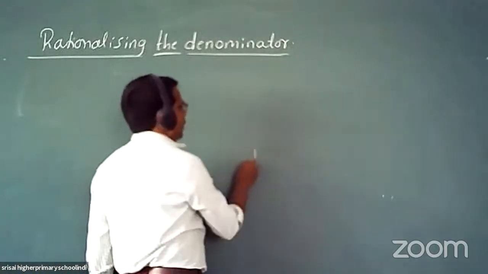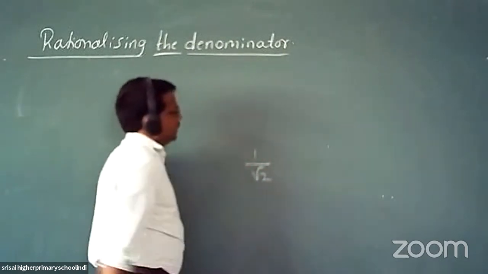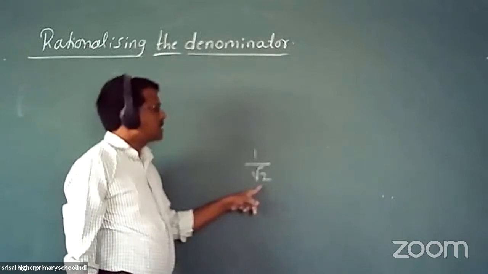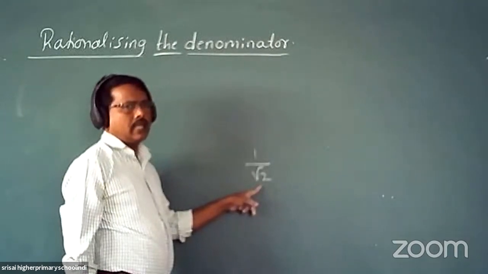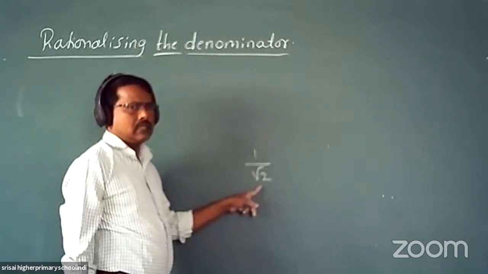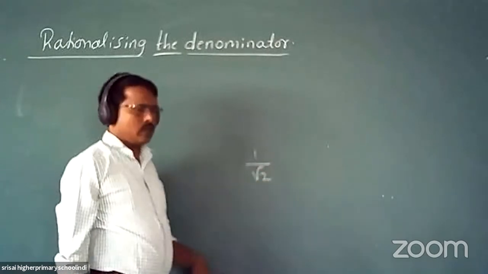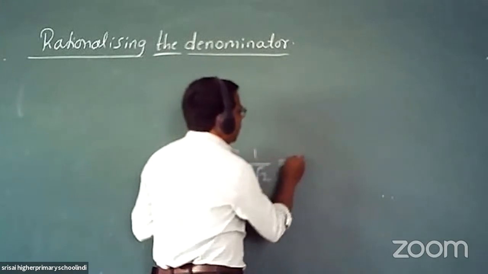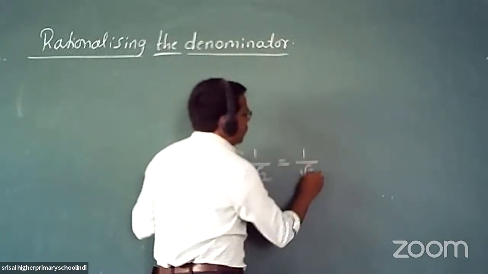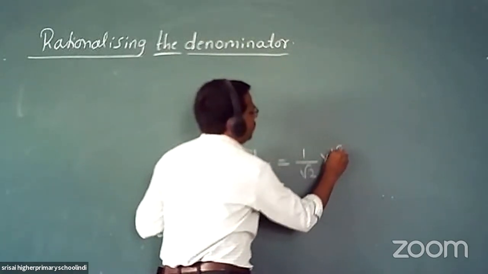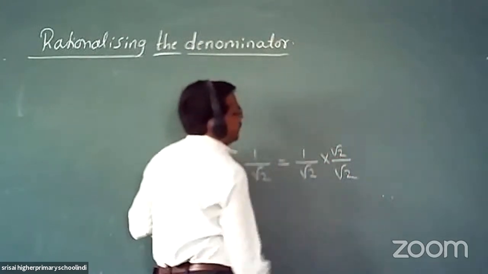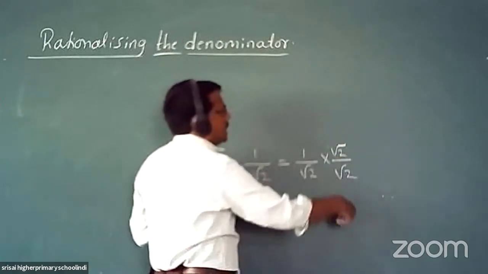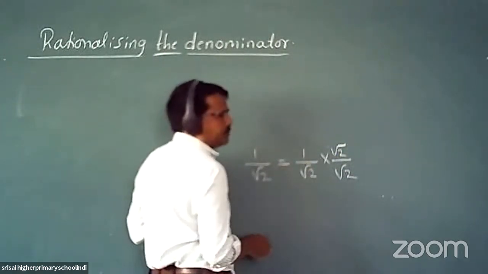For example, 1 by square root of 2 is that. Denominator is rational or irrational? Irrational. I want to make it rational. How to make it rational? Equivalent number we should write. What I'll do, I'll multiply this by square root of 2 by square root of 2. If I multiply, any changes? No change. If you cancel this, again same answer will come.